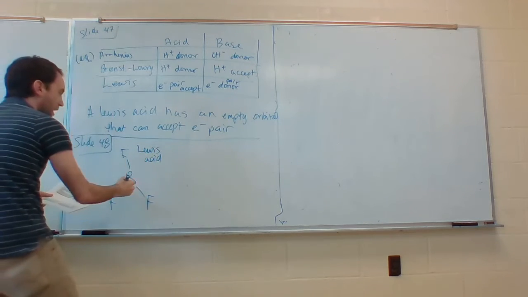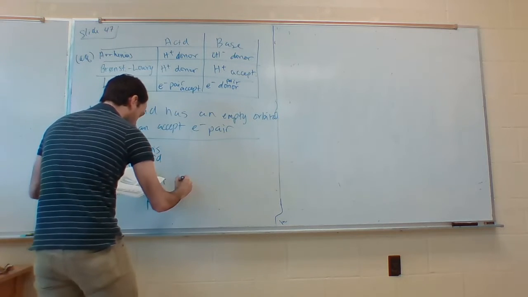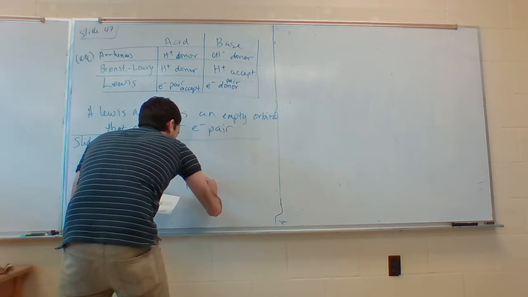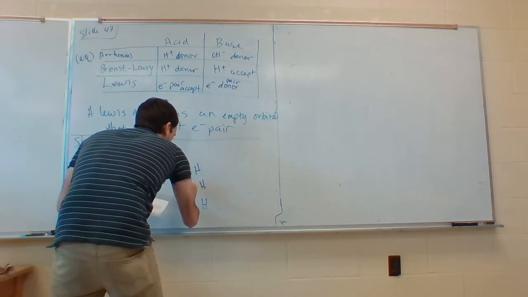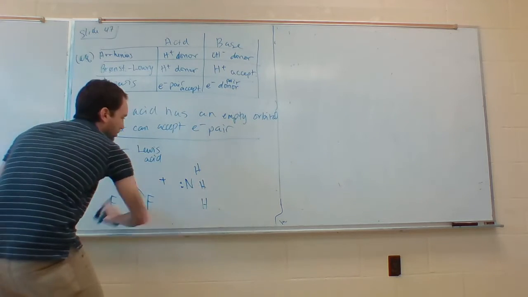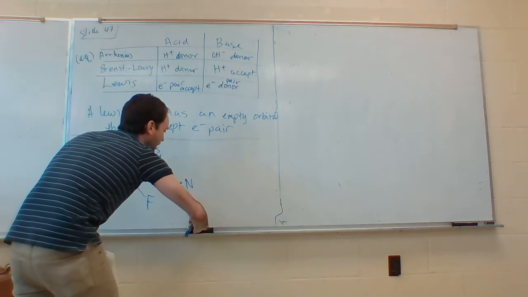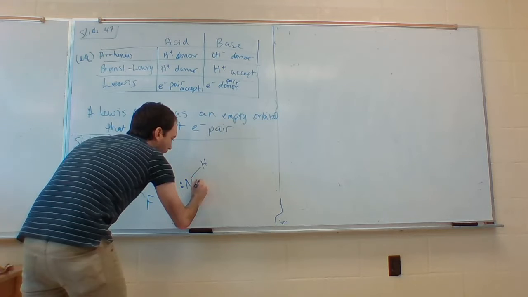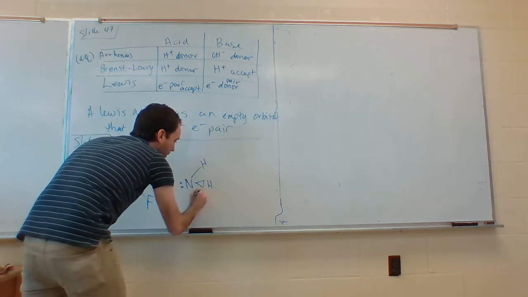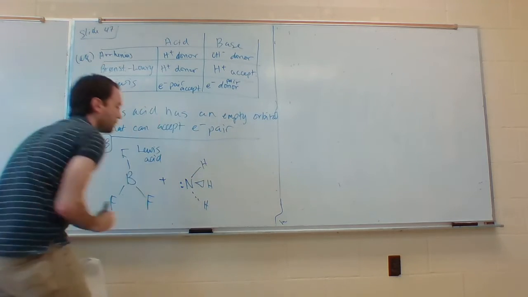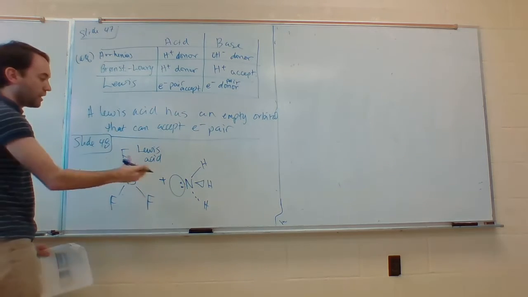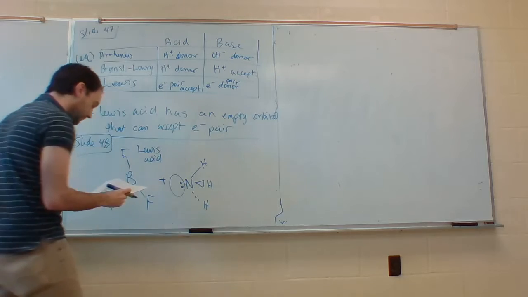Because when I add it to a Lewis base, which is NH3, ammonia, and I'm just going to draw it on its side so that I can show you what I'm talking about. I always have one in the plane, one out of the plane, one back. Notice that I have this electron pair that I can donate to another molecule.